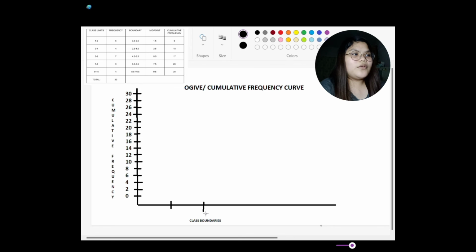And then you put in order the class boundaries at the x-axis. So we start with the first number 0, 0.5, 2.5, 4.5, 6.5, 8.5. To construct an ogive, we put a point in line with the number 6 in cumulative frequency and 0.5 in class boundaries. The same goes for the others.